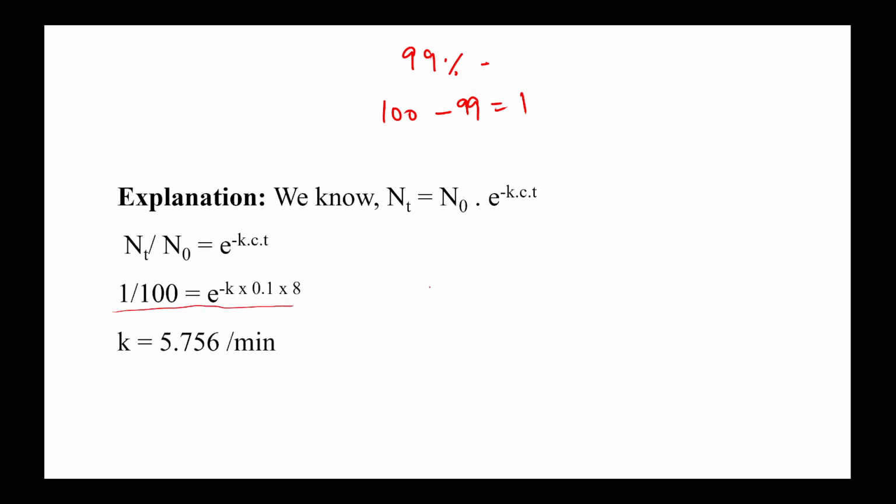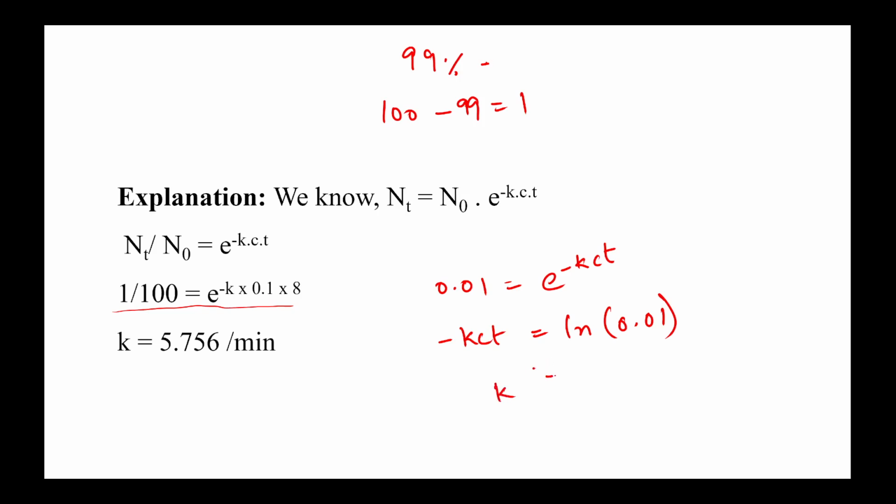Now to solve this, 1 by 100 would be 0.01. This is equal to e raised to the power of minus kct. So that means minus kct will be equal to natural log of 0.01. If you solve this, you will get something negative. So the negative sign will cancel the negative sign, and just divide this.